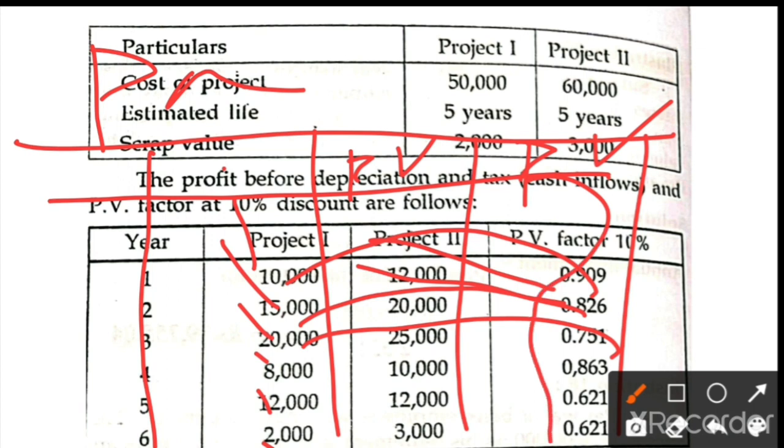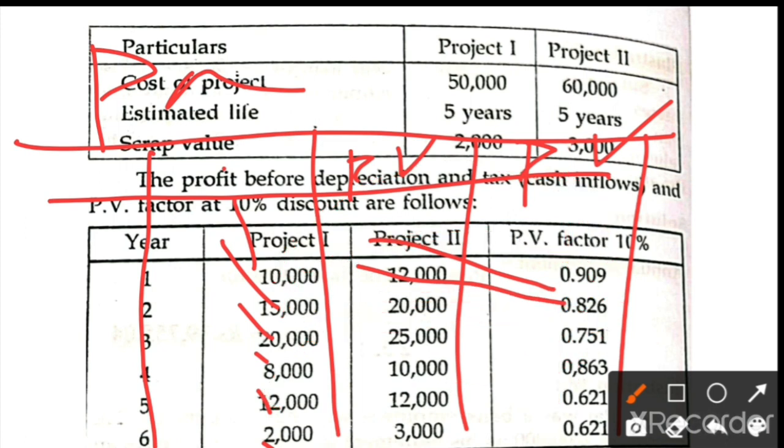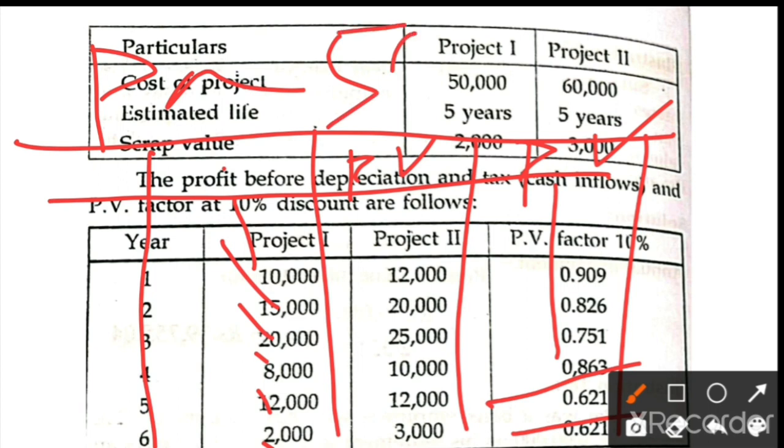It means you are going to calculate both projects' present values. First project into PV factor, and again this into this, you have to calculate, and you will get the present value. So now I am going to tell you the total of this PV. The total of this PV for the project will be 50,000. Okay, the answer is present value.